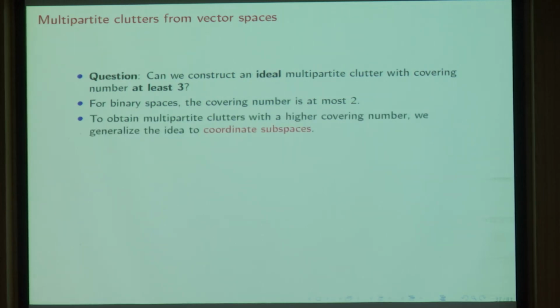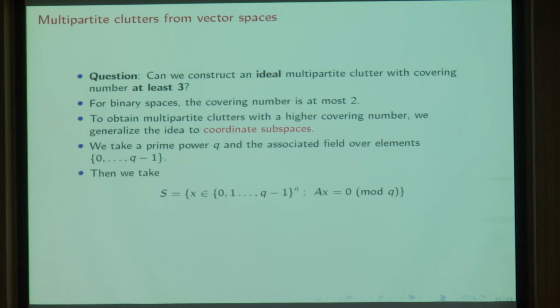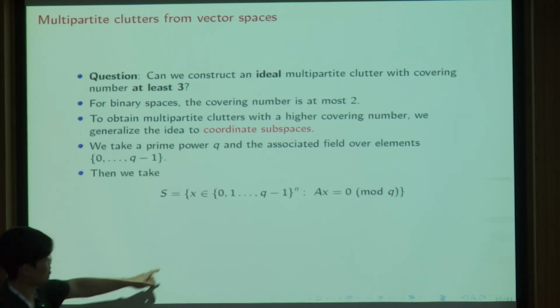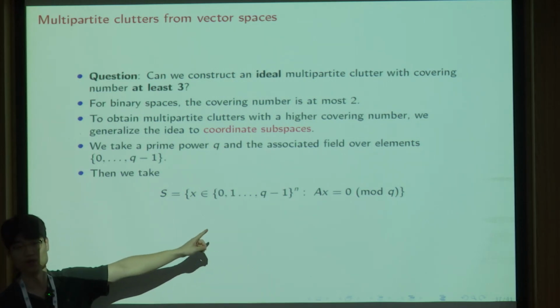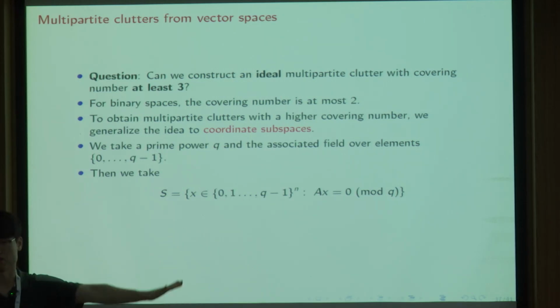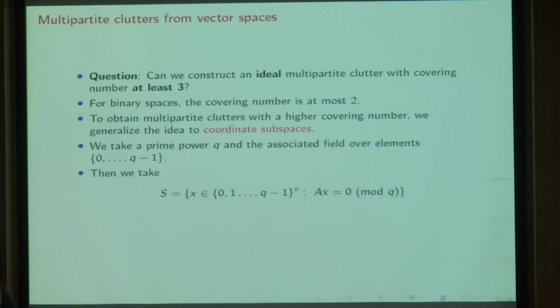So to achieve this goal, we are generalizing this concept of binary space to any prime power Q. So what I want to do is look at vector spaces modulo Q, where Q is an arbitrary prime power. That's how we are trying to make this covering number large.